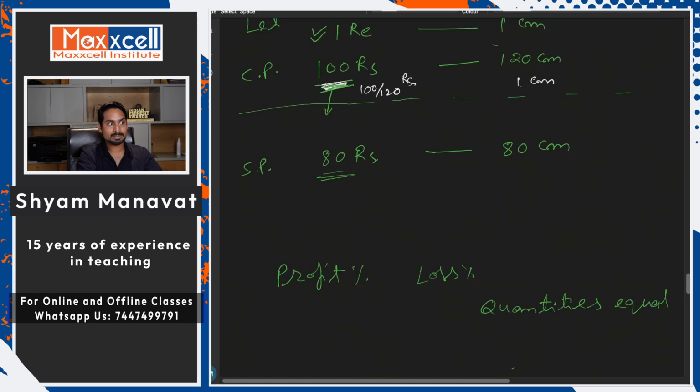So 1 centimeter will be 100 by 120. Similarly, the selling price for 1 centimeter is going to be 80 by 80. That's going to be how much? 1 rupee, right?